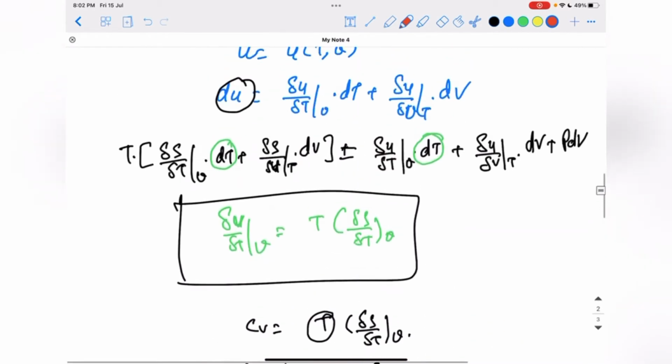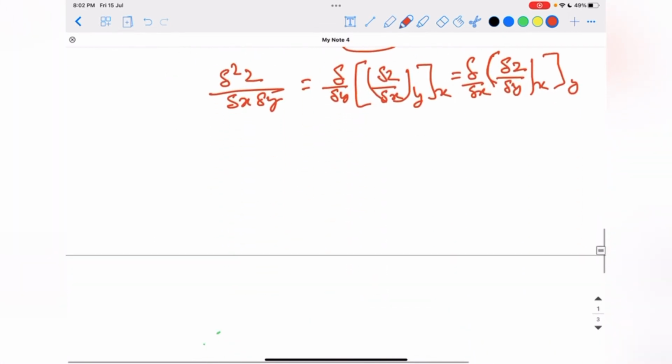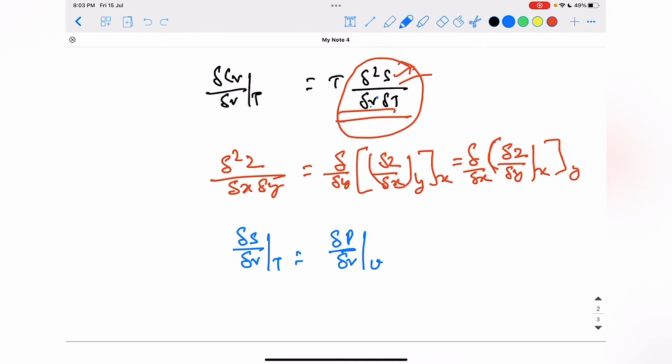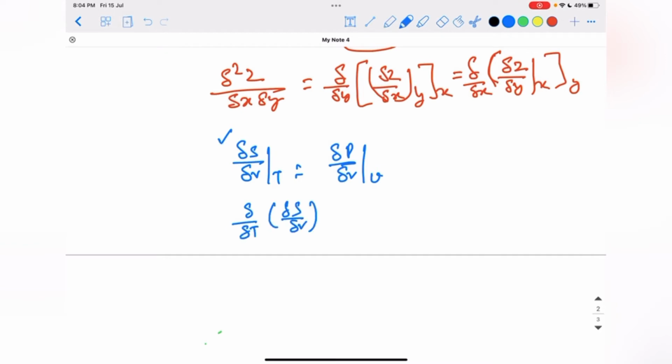Now from the Maxwell equation we have ∂S/∂V at T is equal to ∂P/∂T at V. I can differentiate this expression with respect to T keeping V constant. So, ∂/∂T of ∂S/∂V at constant T, differentiating keeping V constant.